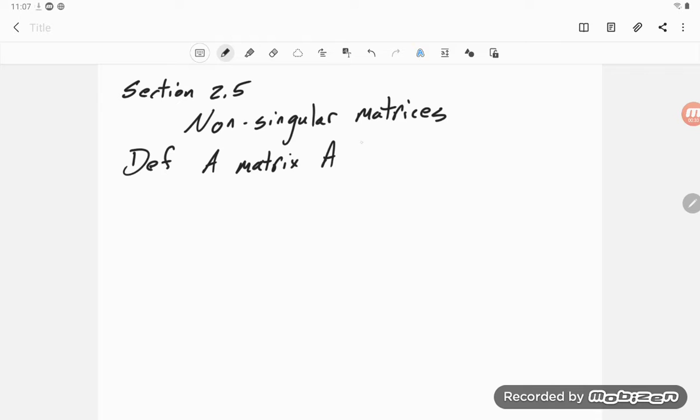A matrix A, which is n by n, is non-singular.